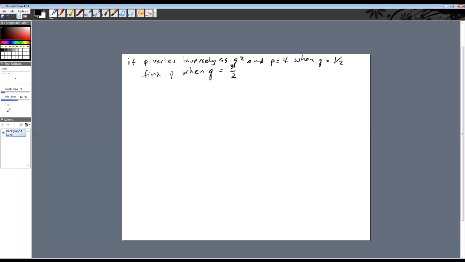Again, this is number 67. So what this is saying is P varies inversely as Q squared. So P equals K, and inversely means that it's divided by. So P equals K divided by Q squared. So if P equals 4 when Q equals 1/2, this is the same as saying 4 equals K divided by 1/4.